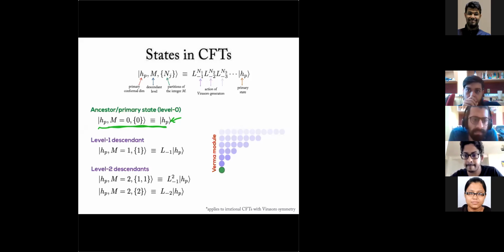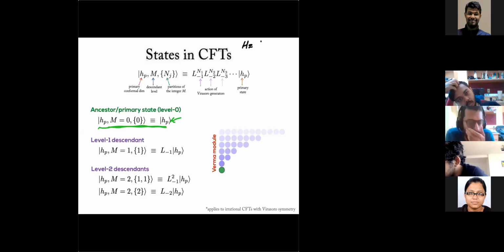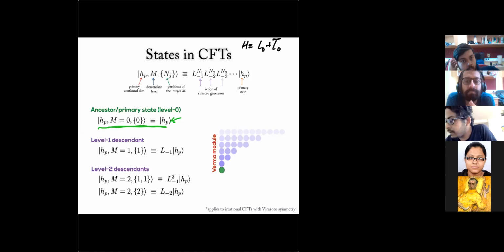I had a related question. For these level 2 descendants, how are the weights the same for the operations L minus 1, L minus 1, and L minus 2? Yeah, very good. Your CFT Hamiltonian is given by L0 plus L0 bar, so you can find the energy of the state by acting with this Hamiltonian.